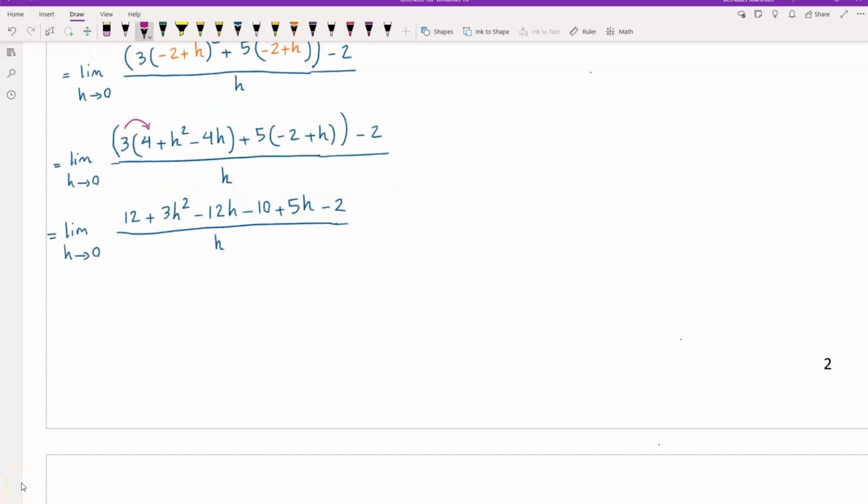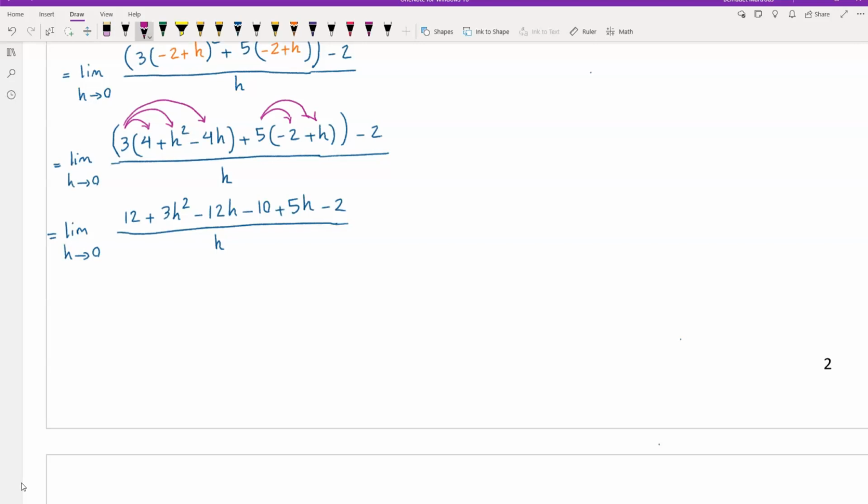Now multiply 3 using distributive property. 3 times 4, 3 times h squared, 3 times negative 4h. And here same thing, 5 times negative 2, and here 5 times positive h. And then here we have to subtract 2 in numerator. And finally divide by h.